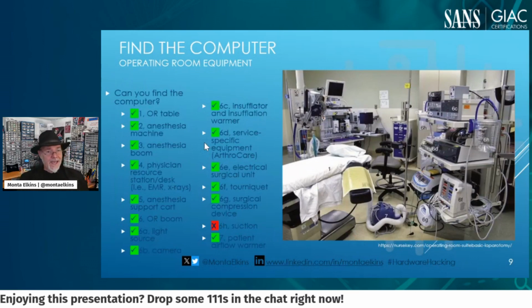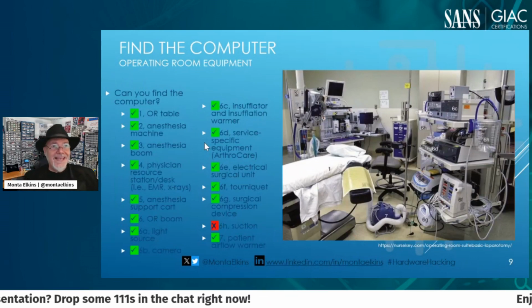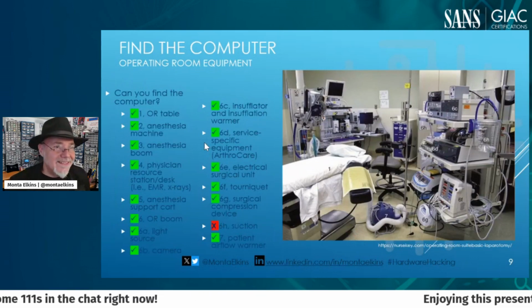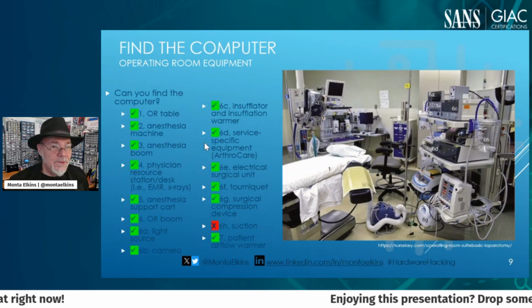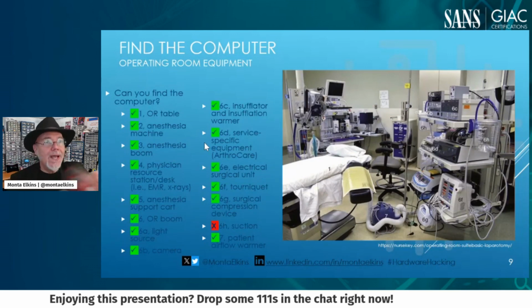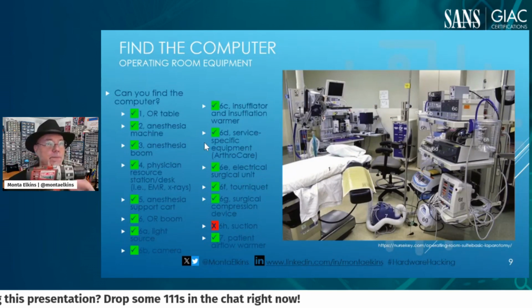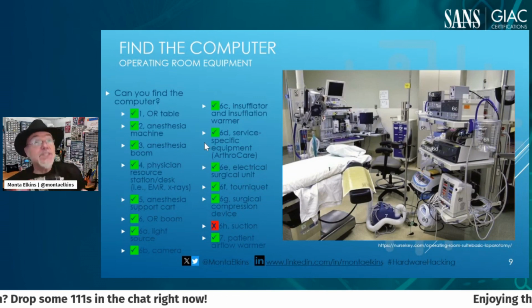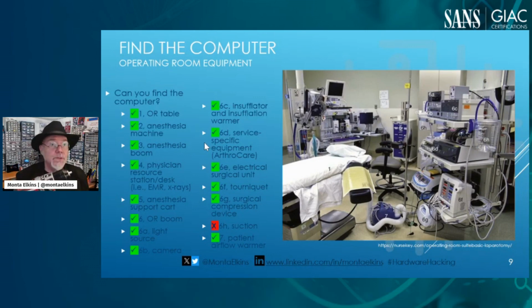Okay, so after this review, if we look back at this equipment, it's all a computer that runs software. We just don't normally think about them in that way. That's why I bring this out, is to teach people to be able to spot computers in their environments, because it's hard for people to do until you think about it a little bit.